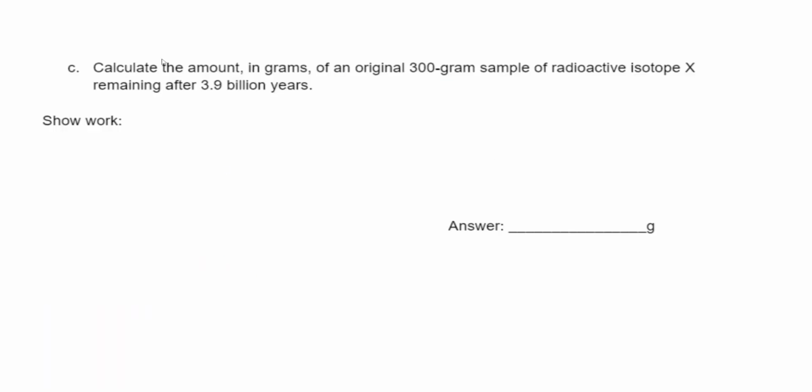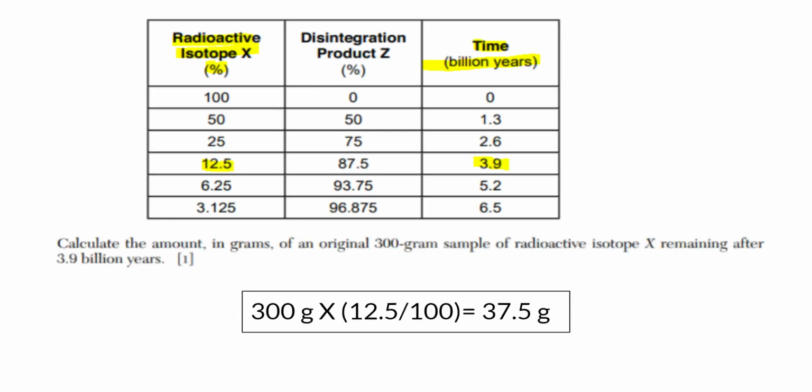C is asking: calculate the amount in grams of an original 300-gram sample of radioactive isotope X remaining after 3.9 billion years. Okay, so I start with 300 grams of my isotope X. I want to know how much I have left after 3.9 billion years. If I go back to my chart, I see after 3.9 billion years, I only have 12.5% of my radioactive isotope X left.